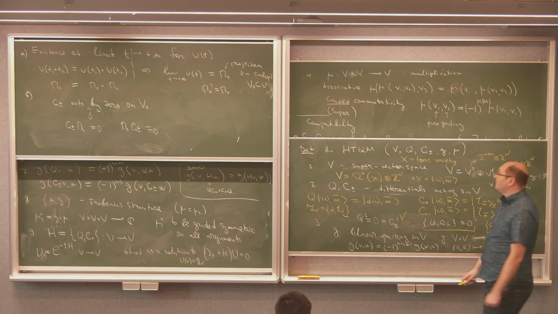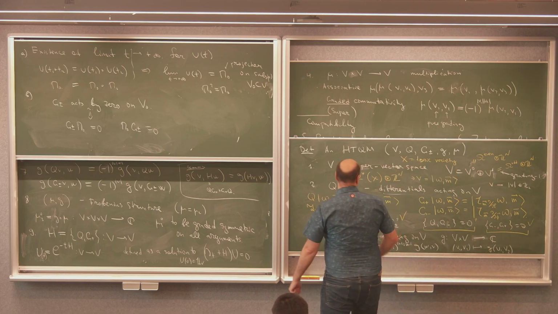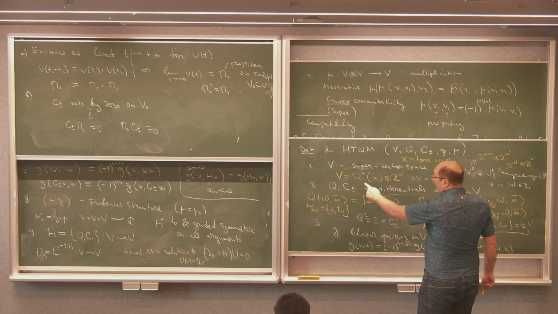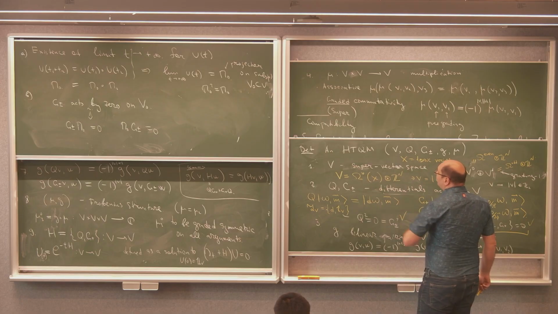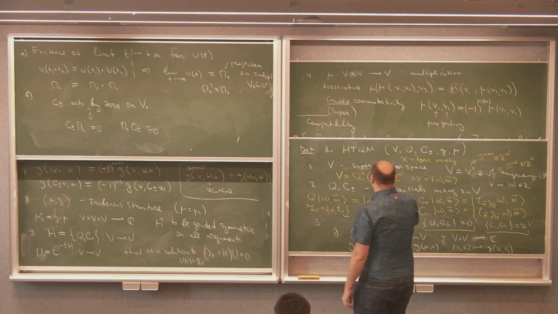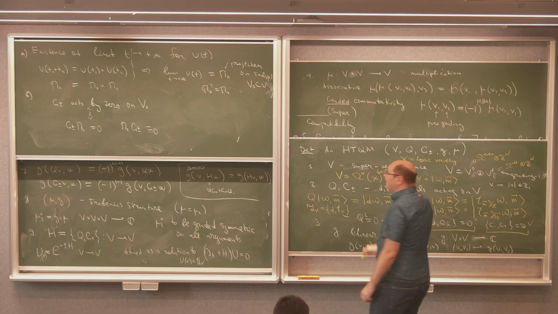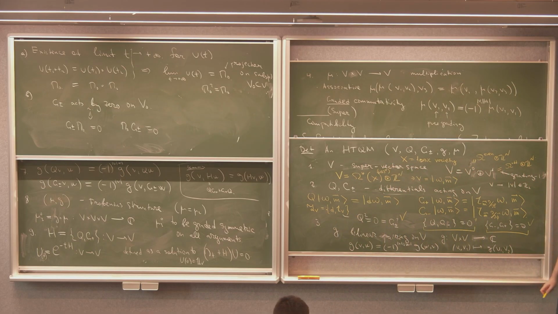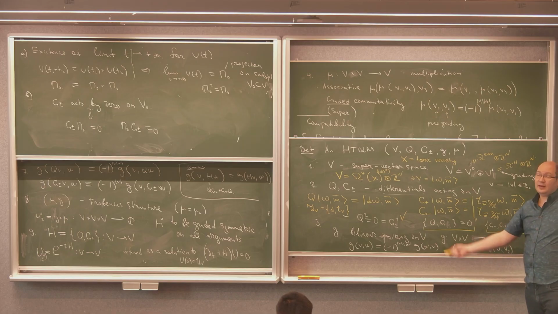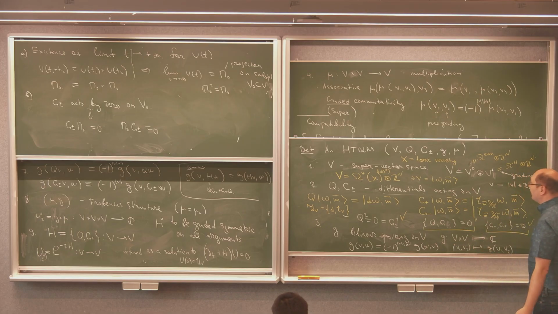However, we can modify our vector space by looking not over all differential forms on X, but at differential forms that are invariant under the U1 action. So that is a linear subspace in these differential forms.